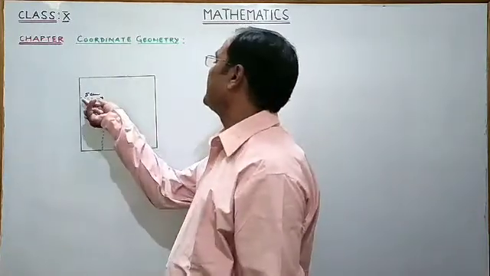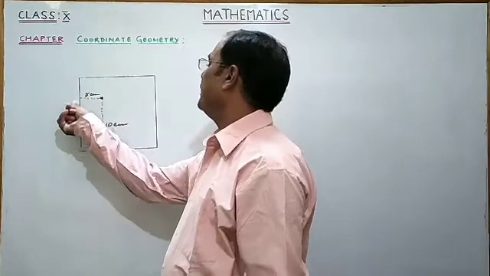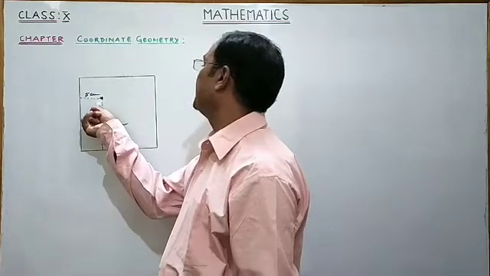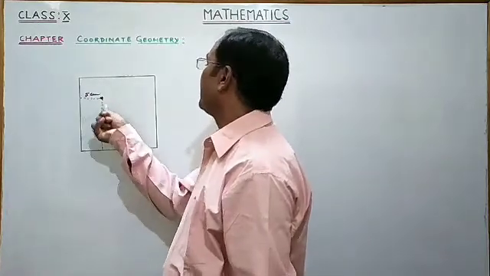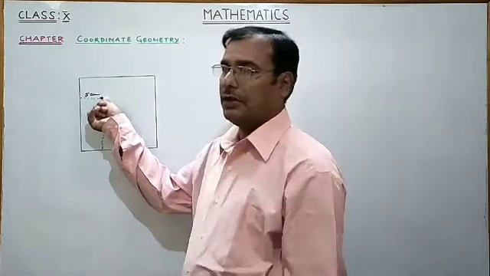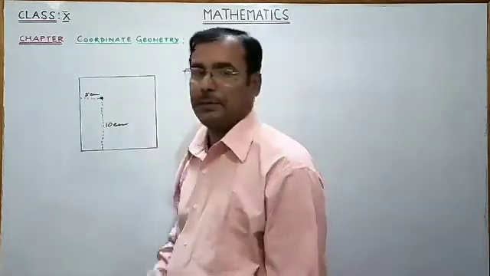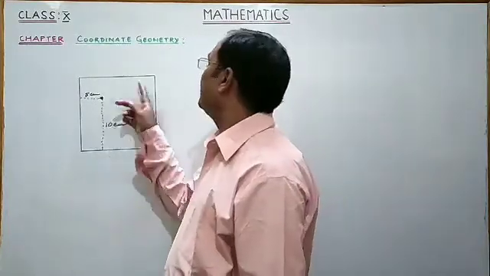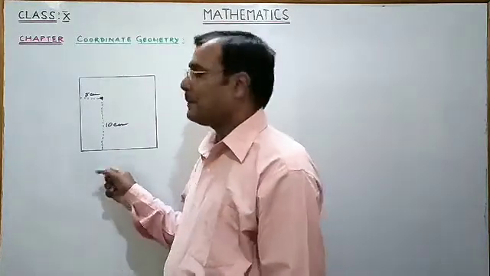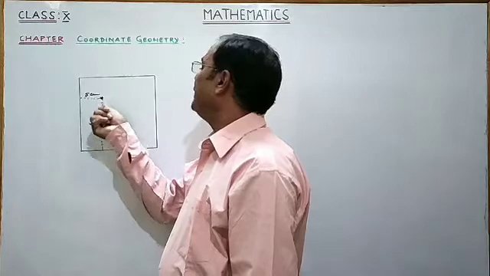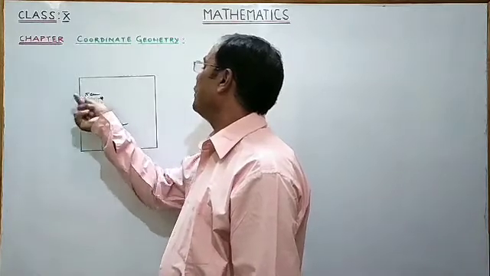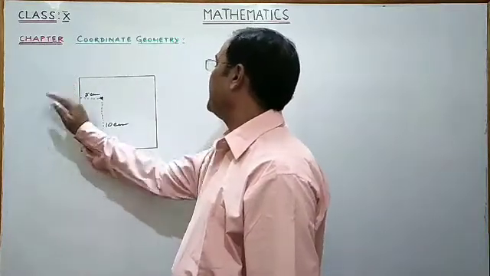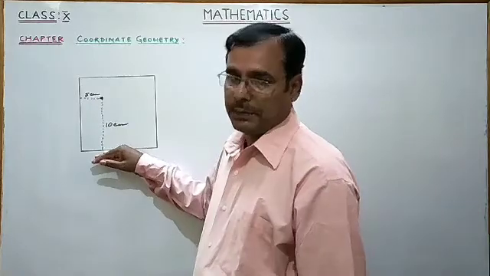These two distances, 5 centimeter from the left edge and 10 centimeter from the bottom line of the paper, in pair fix the position of the dot on this piece of paper. So, to understand the position of this dot on the paper, we have to fix its position by specifying its distance from two perpendicular lines, the left edge of the paper and the bottom line of the paper.